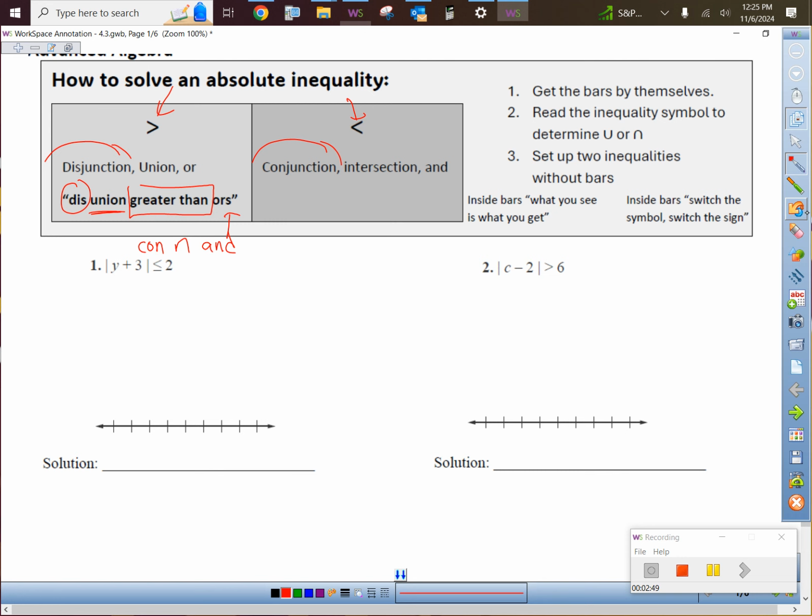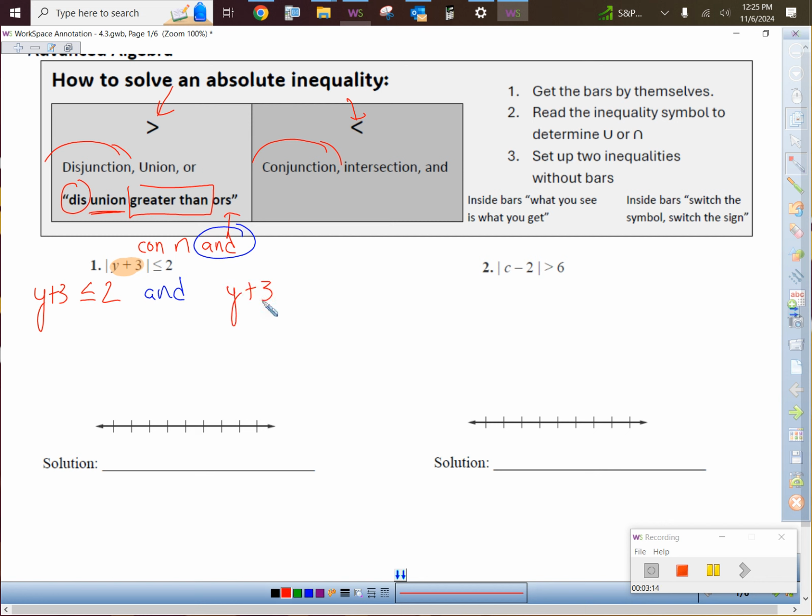So now, here's the move. Now that we figured that out, we take what's in the bars, right? And we're going to say plus 3. What you see is what you get. You will have a less than or equal to 2. Did you notice the bars have disappeared now, correct? So then we put a word. We have already decided that the word will be and. Then here's what we do. What's in the bars never changes.